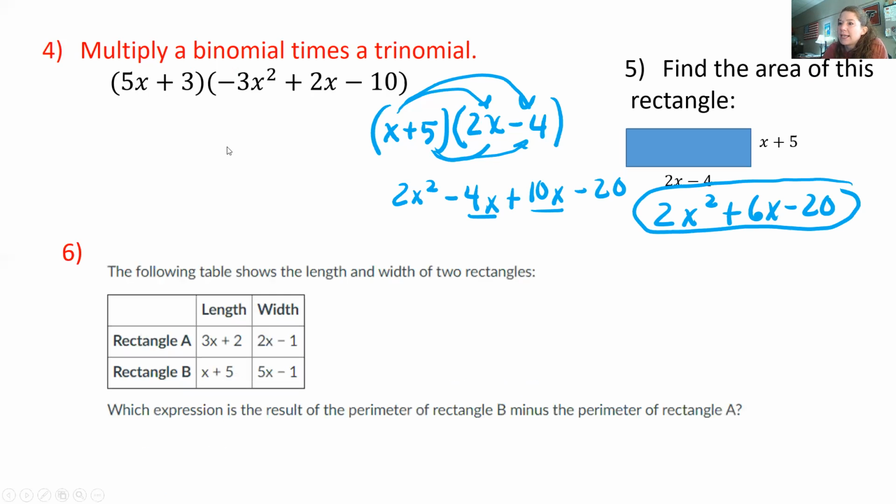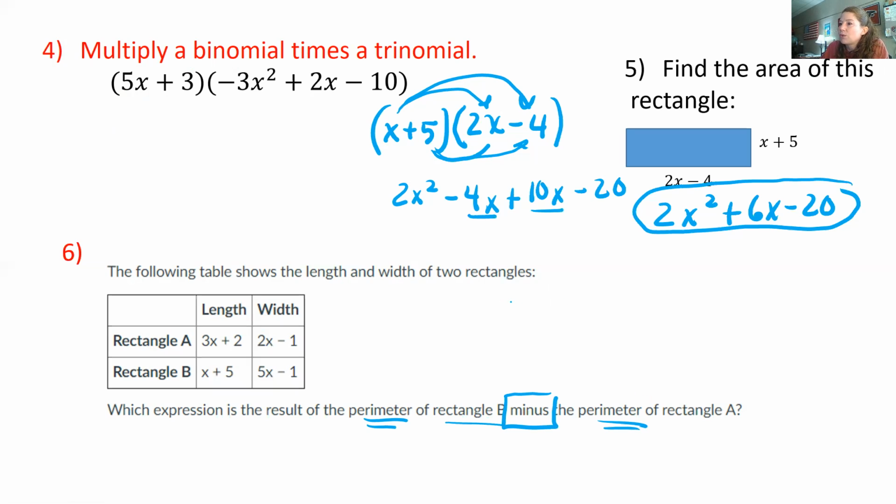All right, number 6. Now this says, we don't have a picture, but it tells us the following table shows the length and width of two rectangles. Which expression is the result of the perimeter of rectangle B minus the perimeter of rectangle A?